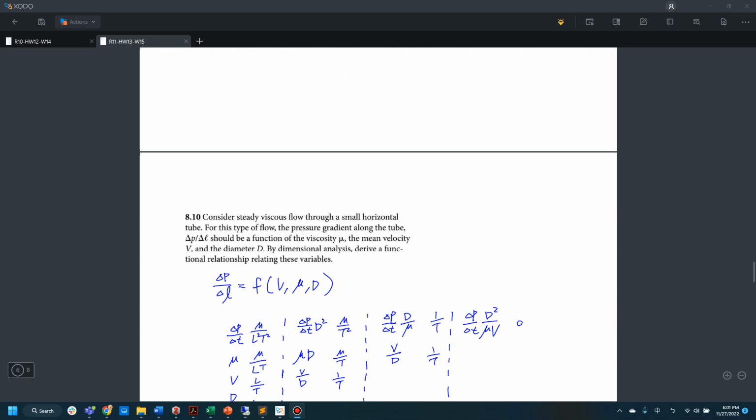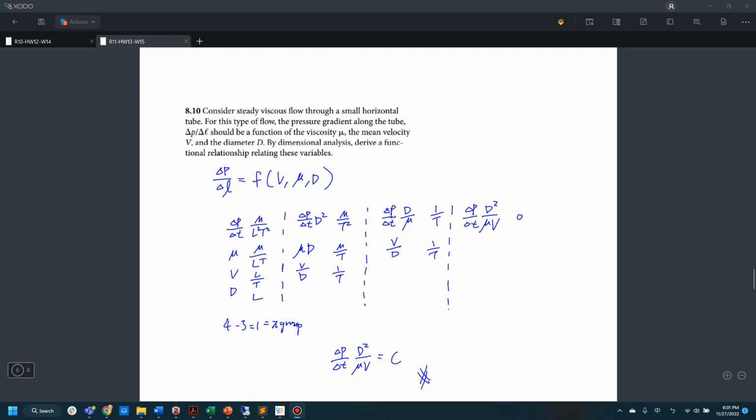Okay, now move to the next one, problem 8.10. It basically wants us to do the same thing, but now we want to find the relationship for the equation I wrote on the screen: Delta P divided by delta L is a function of V, mu, and D. We follow the same step-by-step method and write down the unit expression for all four terms.